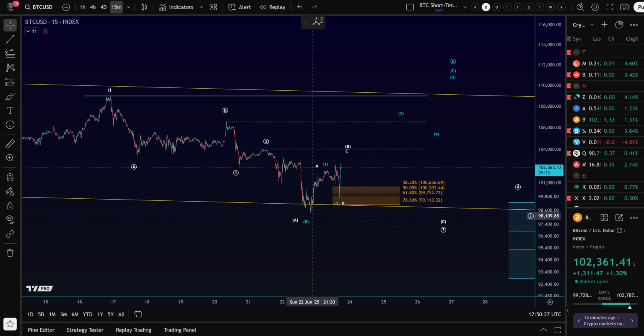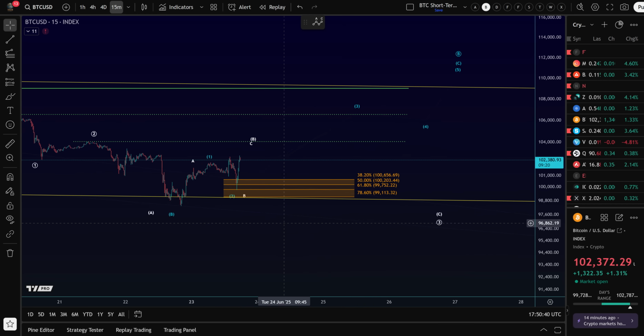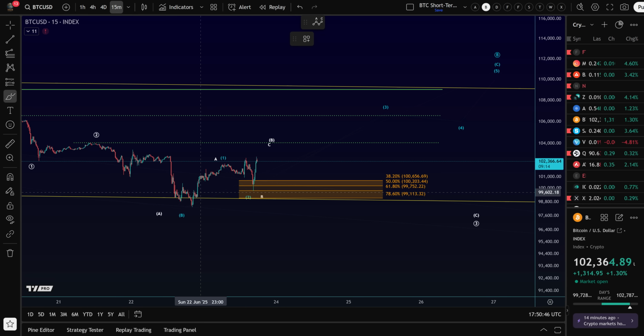So what we saw was, from the swing low from Sunday, a rally in wave A in the white scenario, then a B wave pullback, basically as a flat correction. We're already on the 15-minute chart, so I haven't labeled everything here, but the idea was that we had 5 waves up.